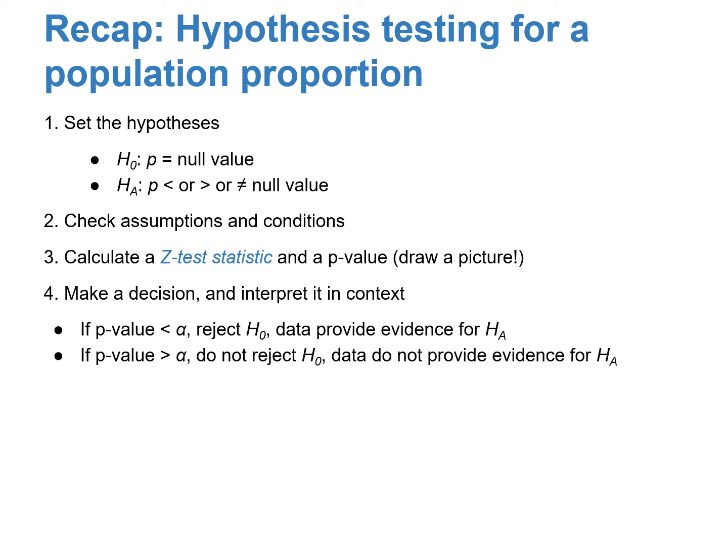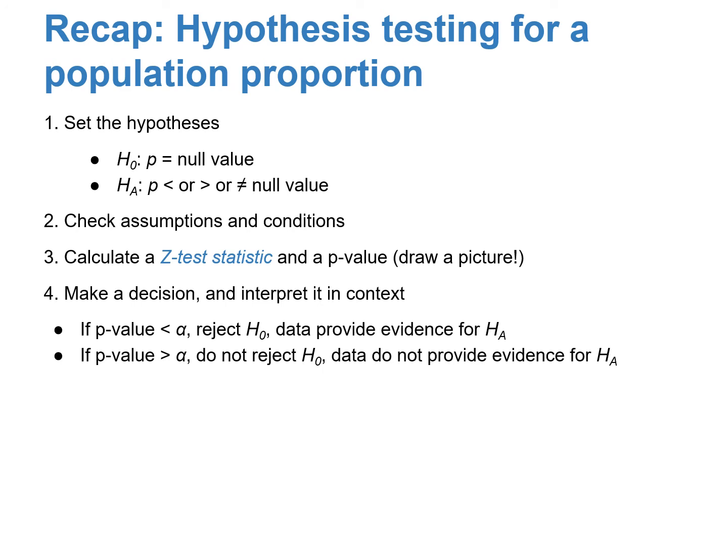So we'll finish this video with a real quick recap of how to test hypotheses about a single proportion. We start by setting up our hypotheses. Our null is always that p is equal to the null value. The alternative is that p is either less than, greater than, or not equal to the null value, depending on the research question.